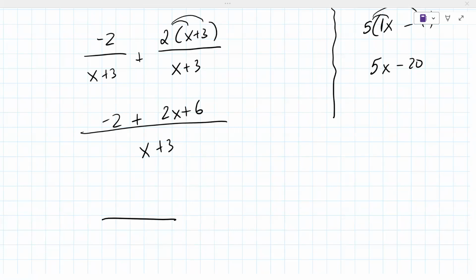You're not multiplying, you're just adding things that are the same. Yes, I got it. Okay. That's going to be a negative 4.